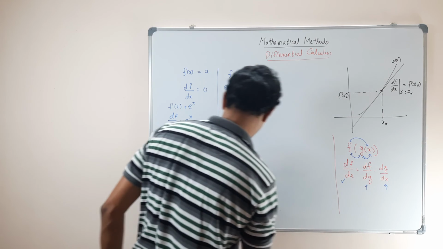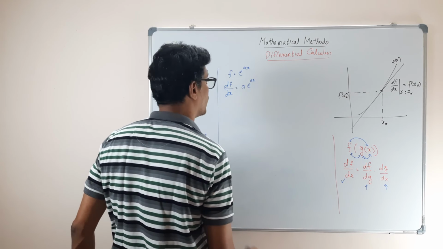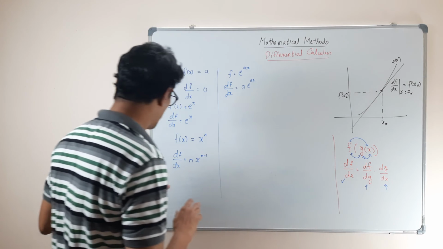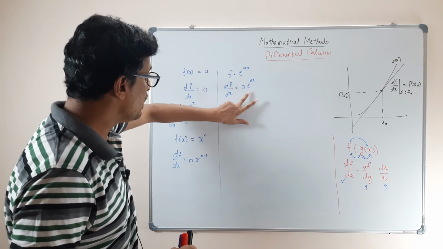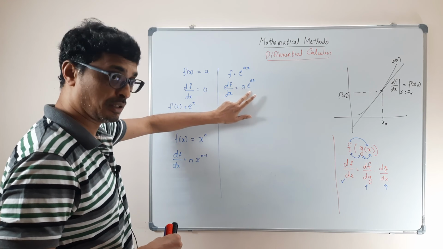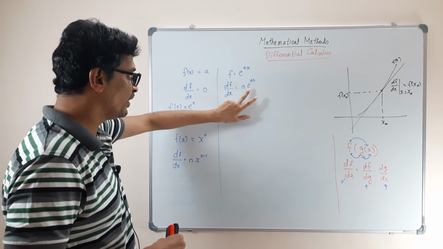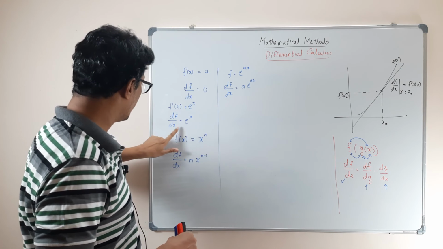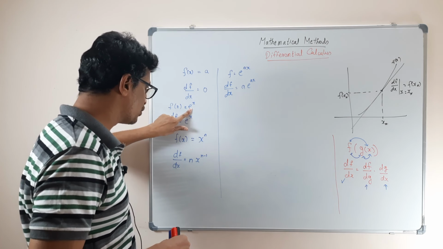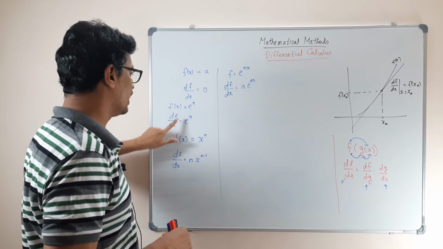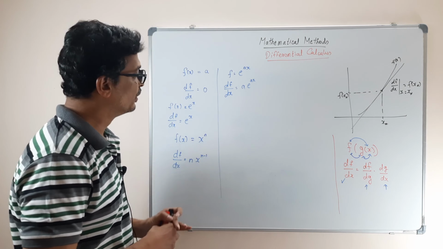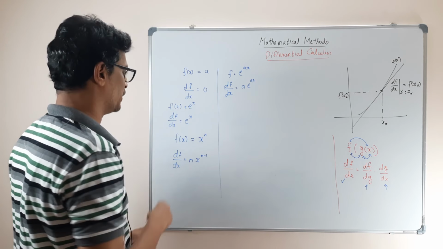What they have is natural log. The important thing is that e is an interesting number, because when it is e, df by dx for f of x equal to e power x will also be e power x. So what they call is the inverse of it.